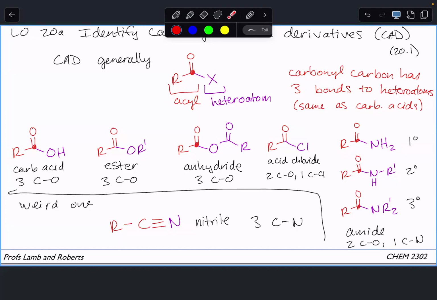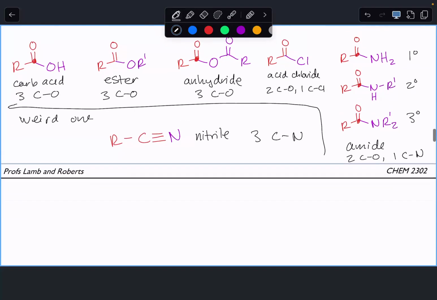Okay. So now that we know what carboxylic acid derivatives are, we have to start comparing them. So our next learning objective is 20B.